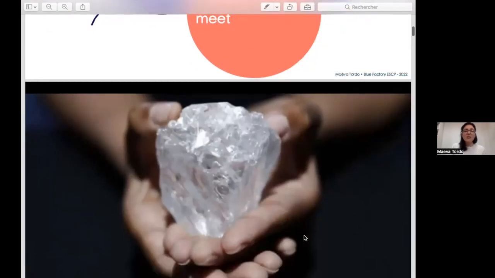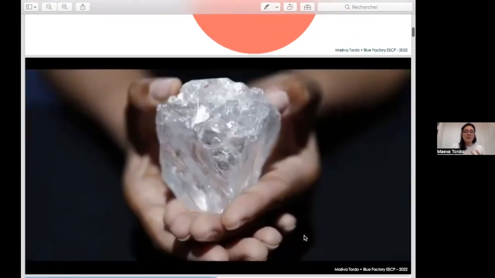To start with, I like to show this image, which for me is a nutshell of what a pitch is. When you present your project, the reality of what exists today is this stone. It's a raw stone. But what you have in mind and what you think you are able to do is a cut diamond.